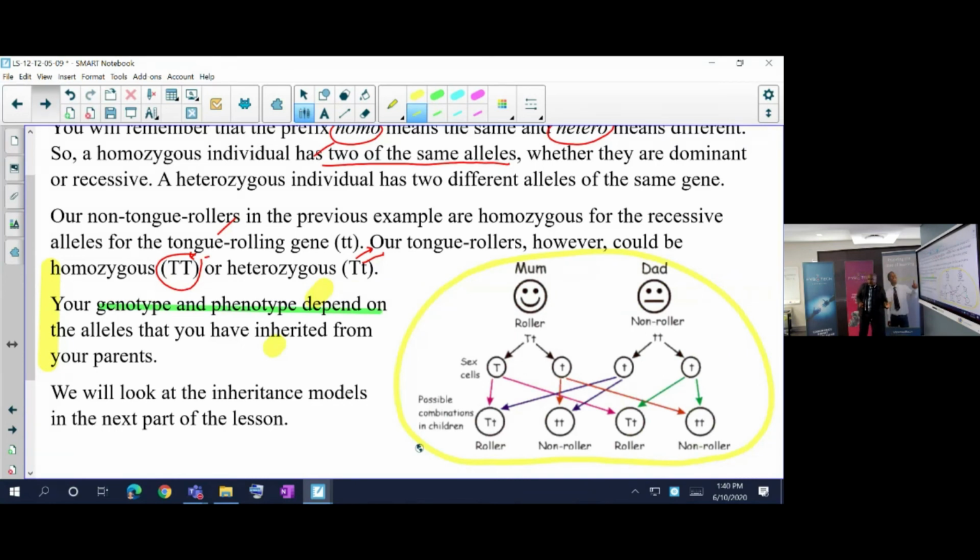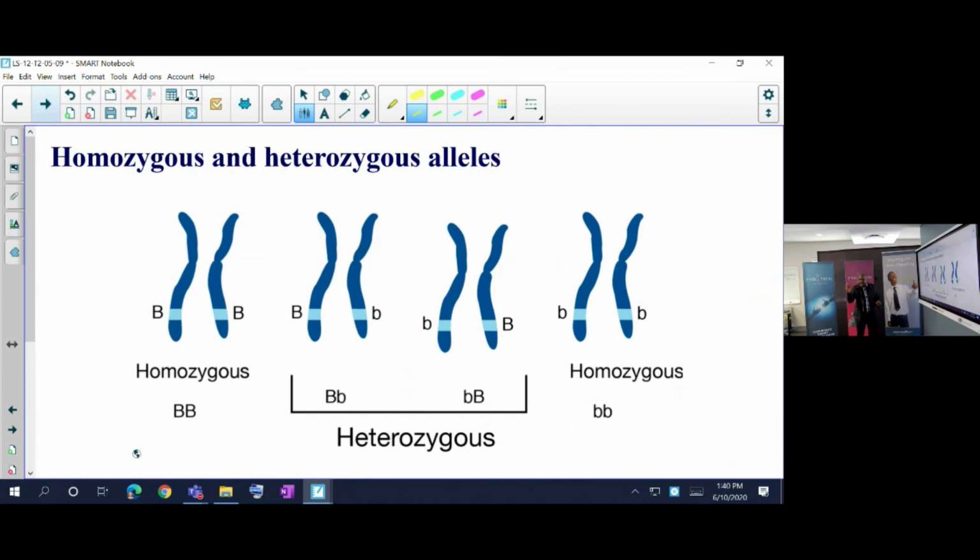So homozygous, two alleles of the dominant type. Heterozygous, two alleles of different types, one being dominant, the other being recessive.